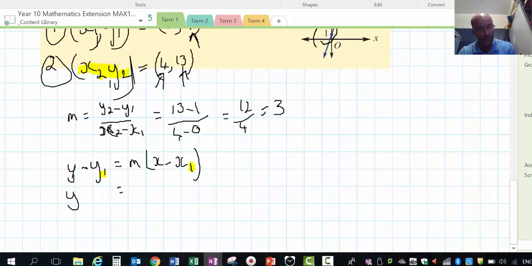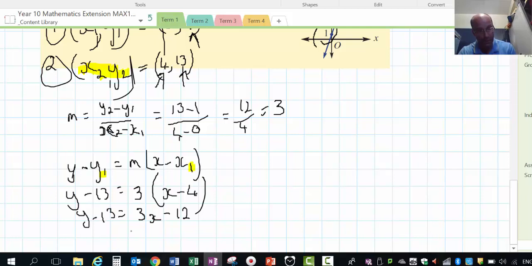So y minus 13, m is 3, the x value is 4. Expanding the right hand side, 3 by x is 3x minus 3 by 4 is 12, so y minus 13 equals 3x minus 12. I'm going to add 13 to both sides, y equals 3x plus 1, and there's our equation to the line.